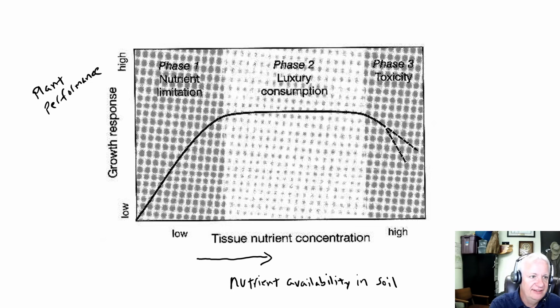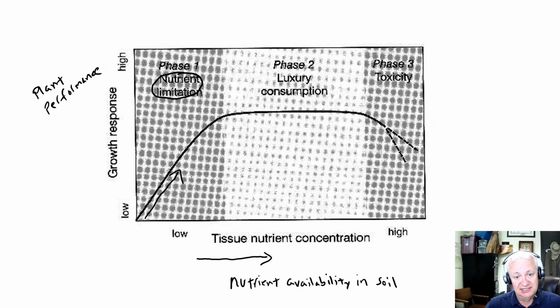The first phase is nutrient limitation, and that's where an increase in nutrient availability results in an increase in plant performance. That happens because that nutrient is limiting. So more nitrogen or more phosphorus, if you add more, the plant grows more or grows faster. That is the definition of limitation.